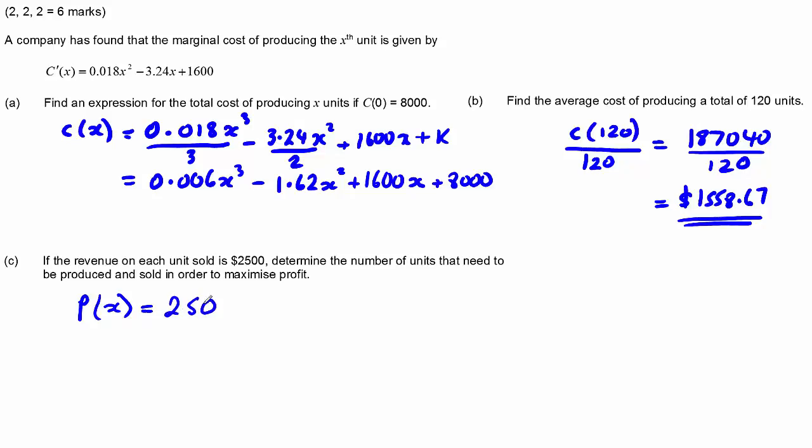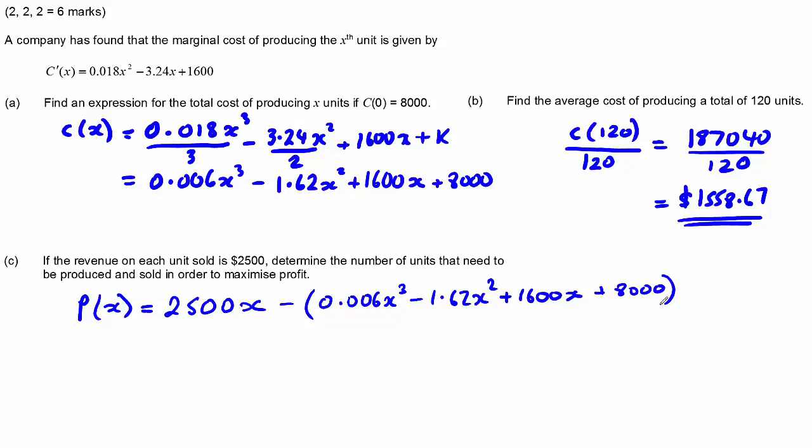So if we're selling each one for 2,500, when we've sold x, it's 2,500x for income, revenue, then take away the 0.006x cubed minus 1.62x squared plus 1,600x plus 8,000. Now we want to find the maximum.